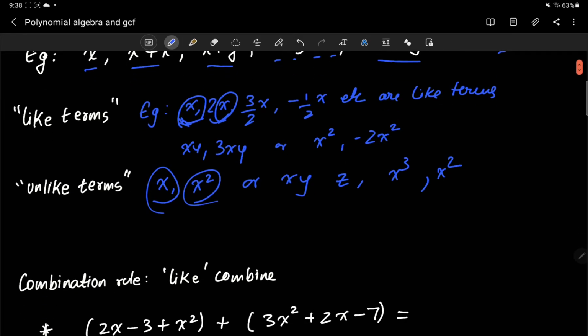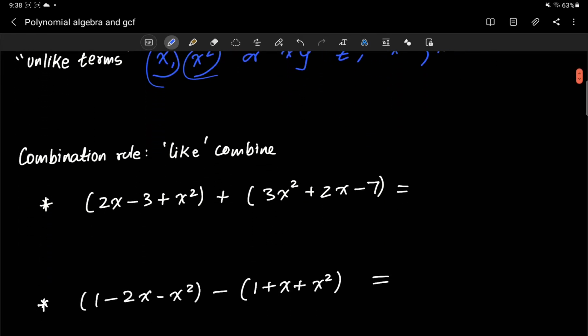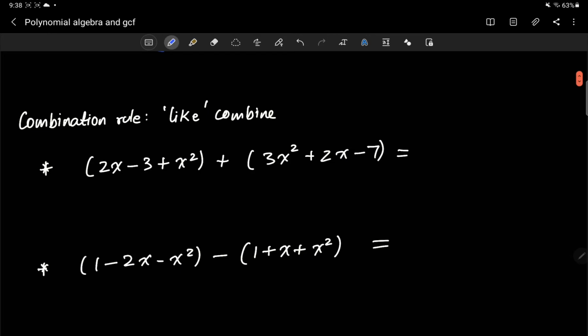So where this like and unlike term comes into play is when we try to combine two polynomials by addition or subtraction. So the combination rule is that the like terms combine. So meaning when I'm adding these, I'm going to look for the x squared terms. So the x squared and the 3x squared combine to give me 4x squared.